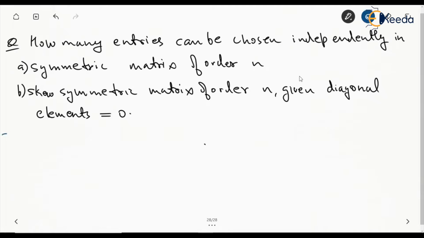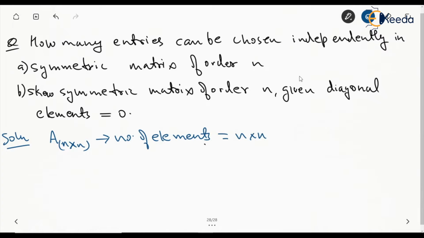First thing is, let's say there is a matrix n cross n. The total number of elements will be n cross n, and we'll categorize it for both symmetric and skew symmetric.